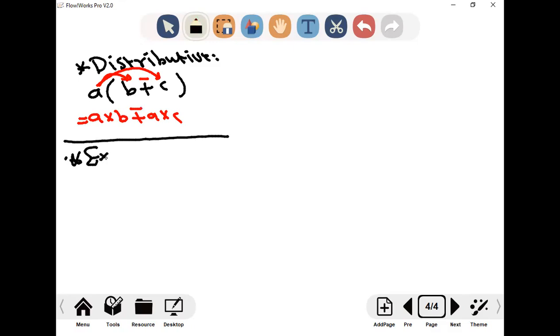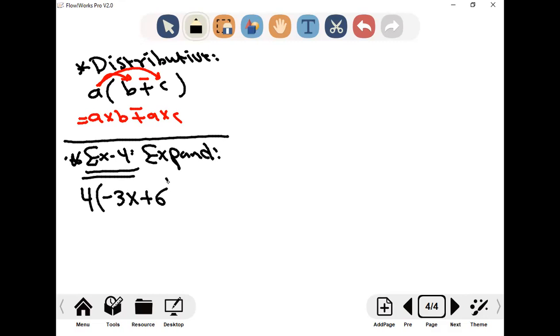Example 4. The question says expand 4 multiplied by negative 3x plus 6. Let's pay attention to the board. What do we have between the 4 and the bracket here? Multiply.